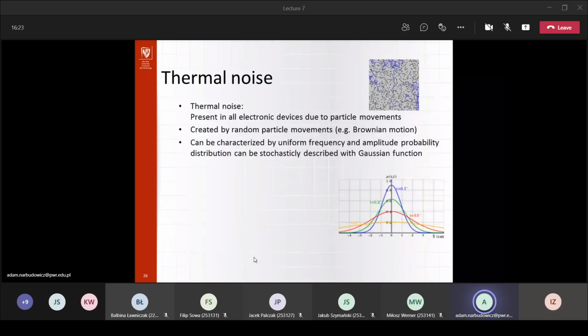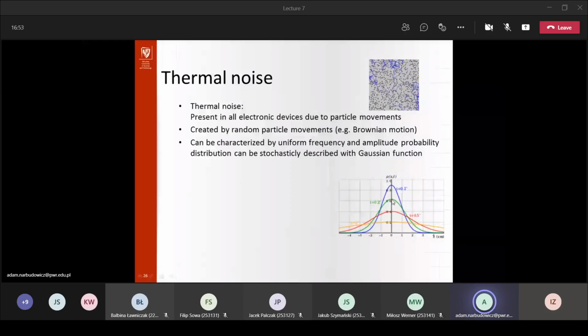However, what is important is that the noise most commonly used for telecommunication systems is the so-called white Gaussian noise. It is characterized by uniform probability in the frequency domain, and it is Gaussian because it can be described by Gaussian statistics, right?